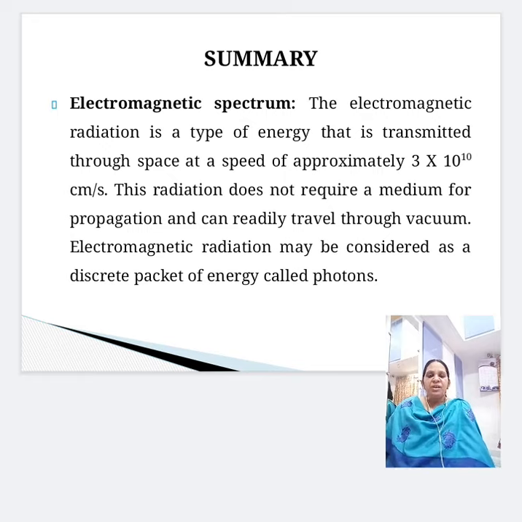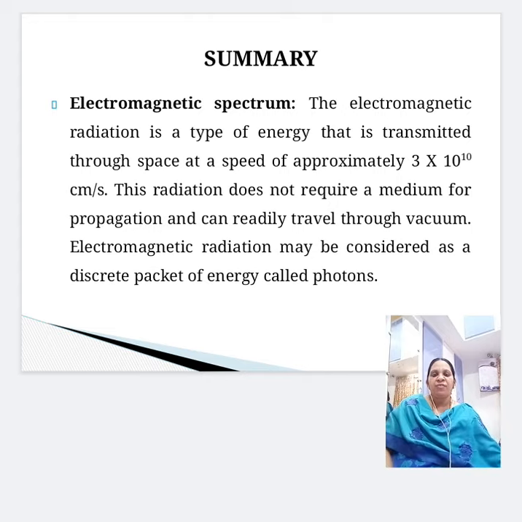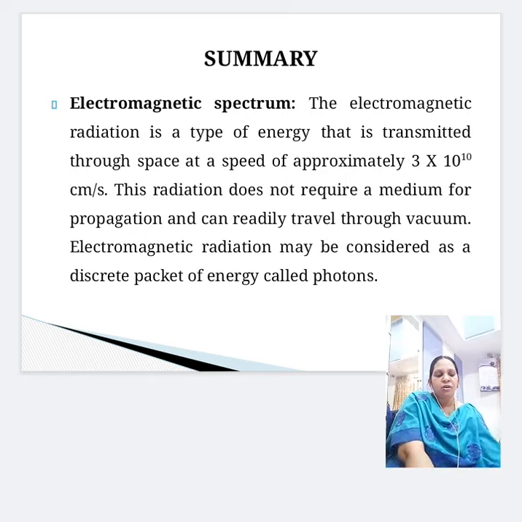This radiation does not require a media for propagation and can readily travel through vacuum. These are some of the characteristics of electromagnetic radiation. It may be considered as a discrete packet of energy called photon.